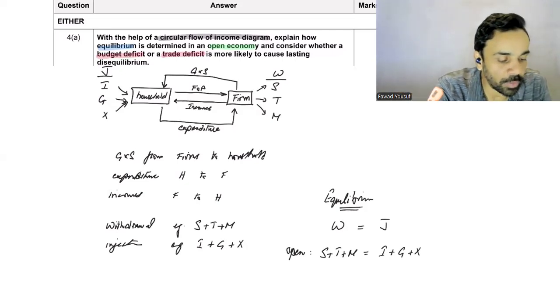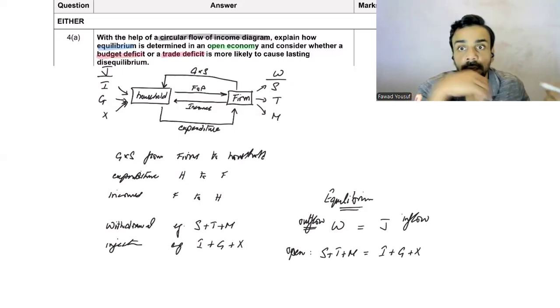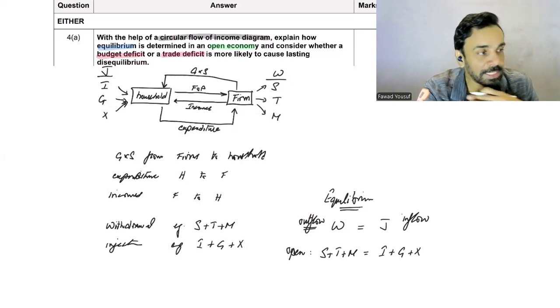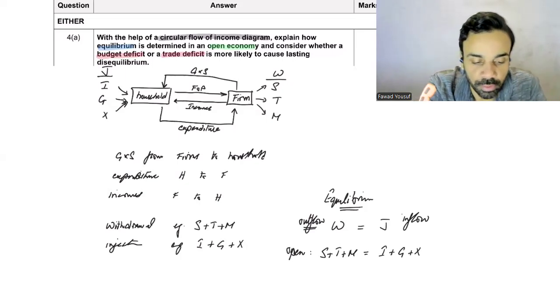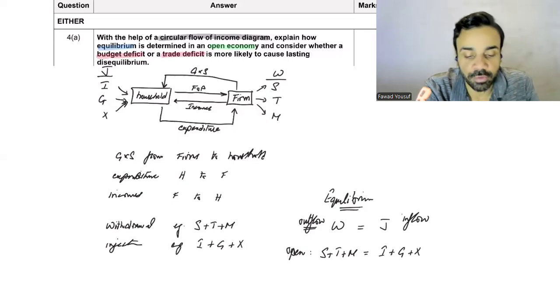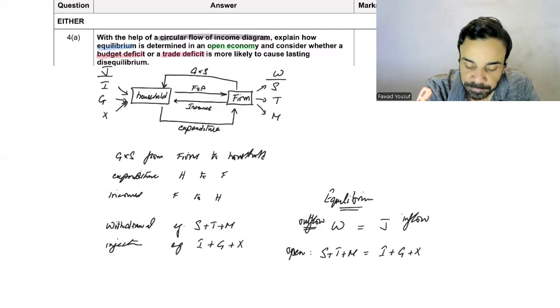So an equilibrium will occur when the amount of money going out of the system, I think withdrawals के लिए we do explain that they are the outflows, and injections के लिए we do mention that they are the inflows. So it's a must thing, I think, कि आपको ये पूरी चीज explain करनी है, the terms and all, but we have to make sure that we are really answering this part.